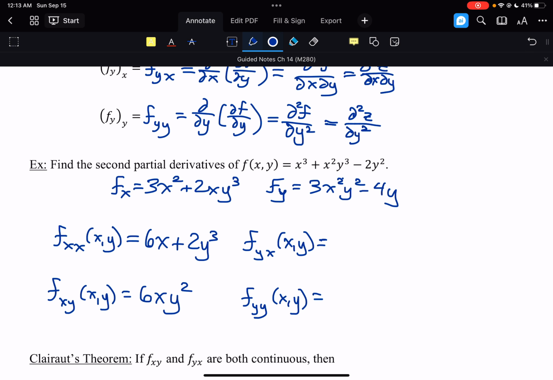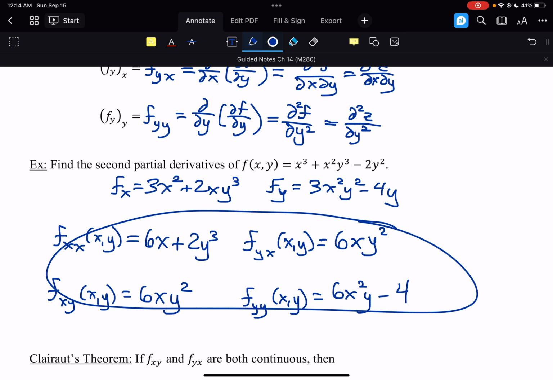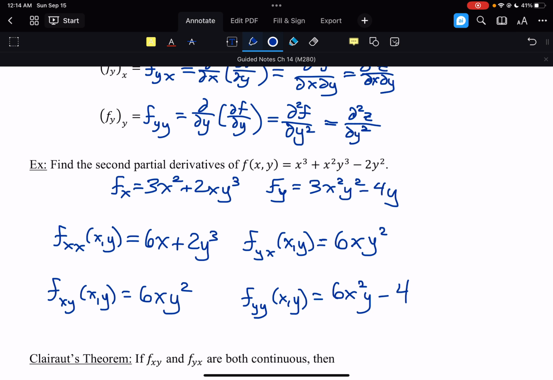So let's see, we're going to bring down this 2, so that's 6xy squared tags along, and then plus 0, so that's done. And fyy, so again, we take fy, partial again with respect to y, we bring that down, that's 6x squared y minus 4. And these would be our 4 second-order partial derivatives for this function.